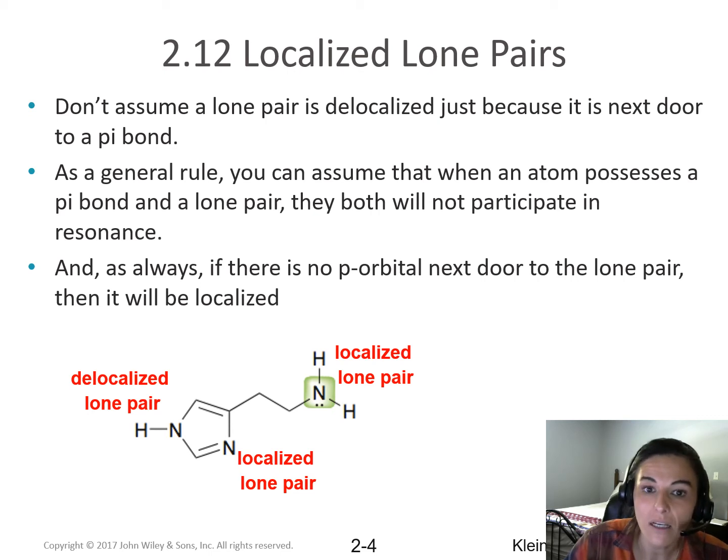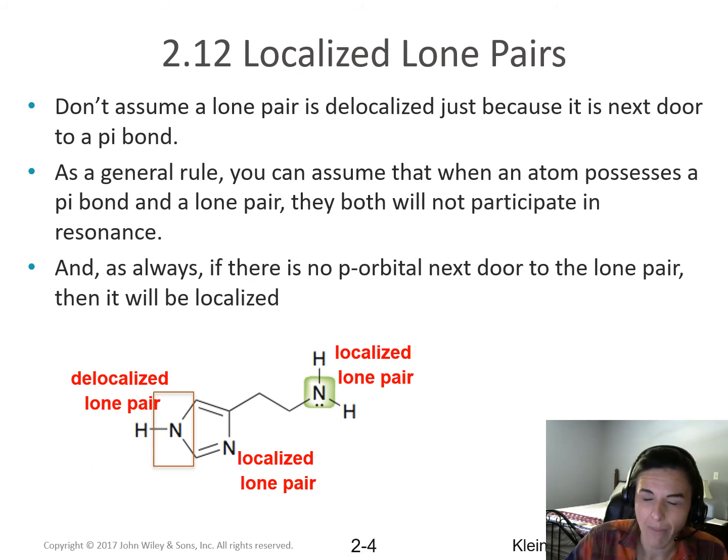Okay, so let's look at the structure to my left. Let's start with this nitrogen right here. Is the lone pair localized or delocalized? Well, let's look at its steric number. Does it have a steric number of 4? Yes, it does.